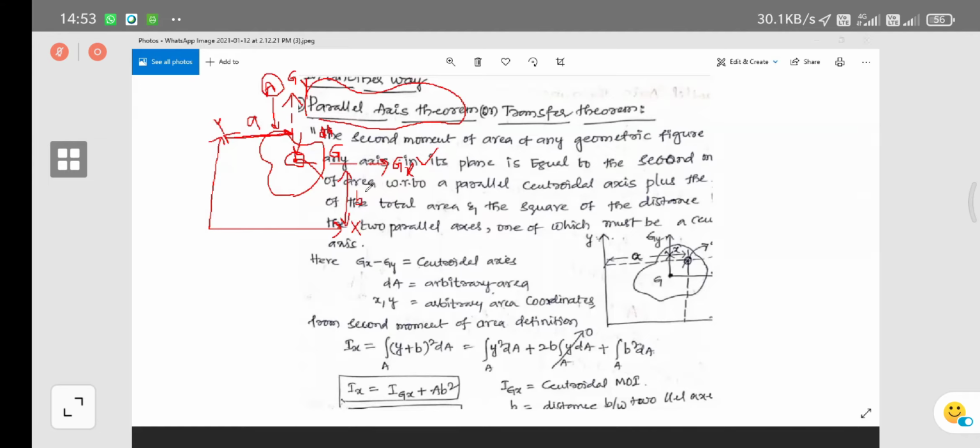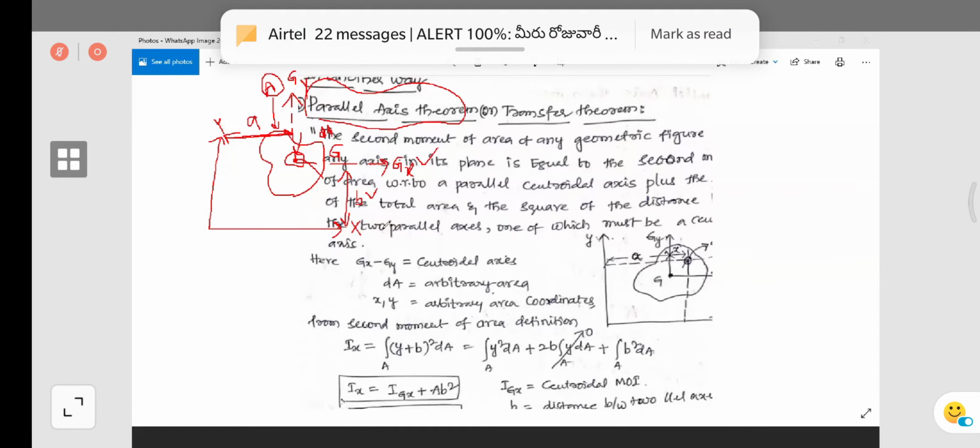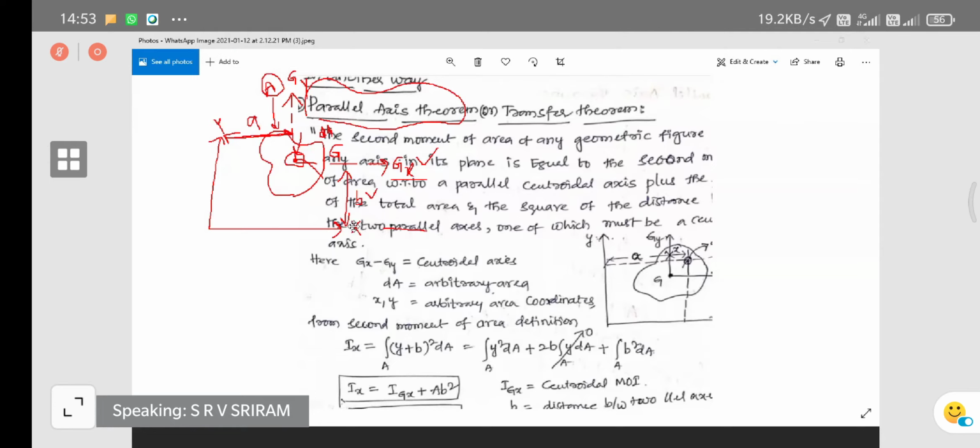So a and b are the respective constant distances between the x-axis and the Gx-axis. The x-axis is the reference axis for this lamina, and the Gx-axis is the reference central axis for this differential element.